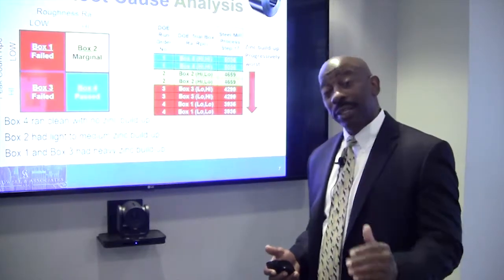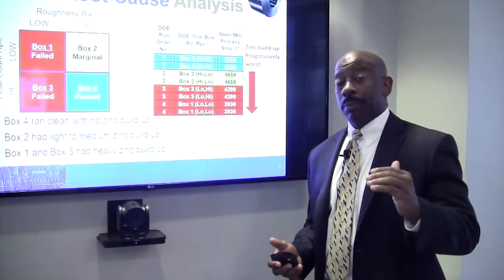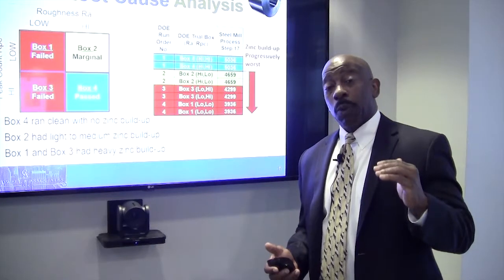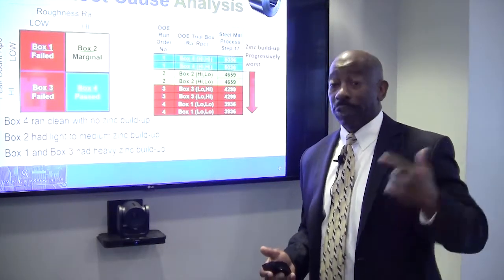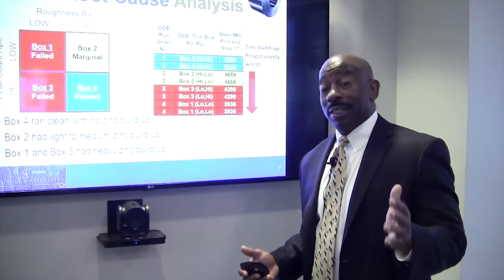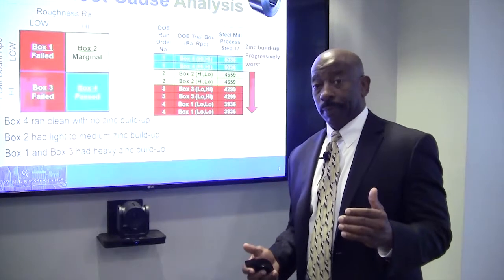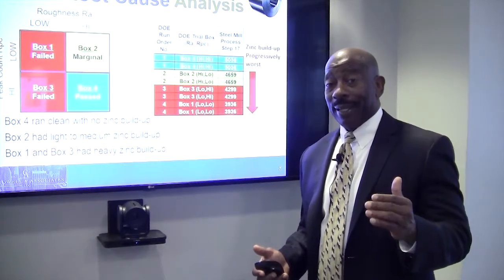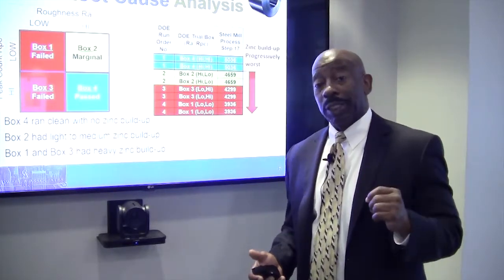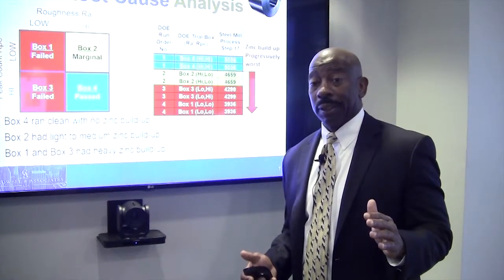It was a linear reaction: as the value of that operation went down, the more zinc we had. That's exactly what they needed to hear. We were able to determine the root cause and where they should run this particular operation so they would not get any more zinc problem.